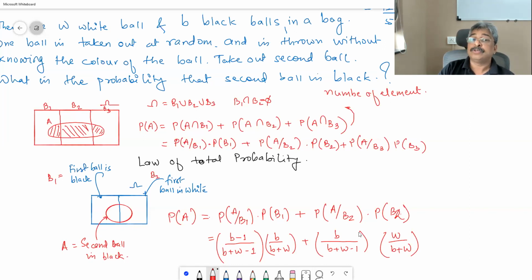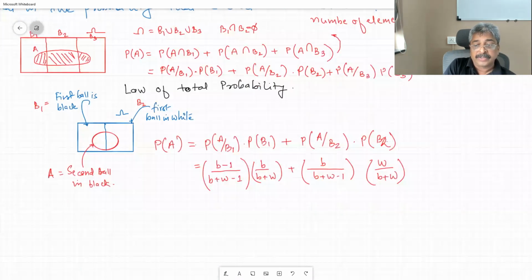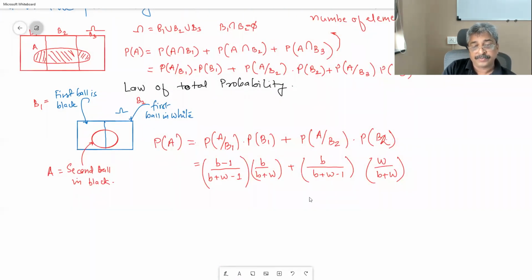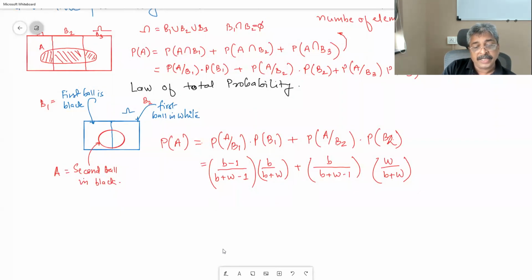Okay, so using the formula, if you want to solve this problem, it is going to be like this, and then further simplification will lead to, surprisingly, B upon B plus W.